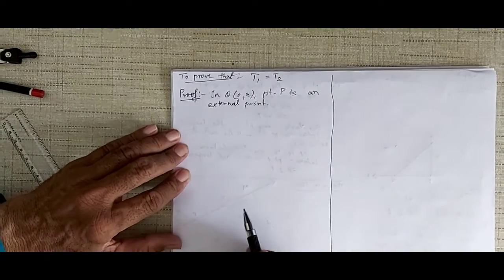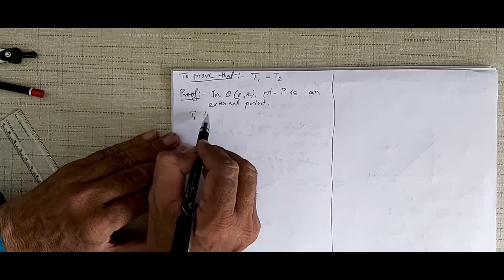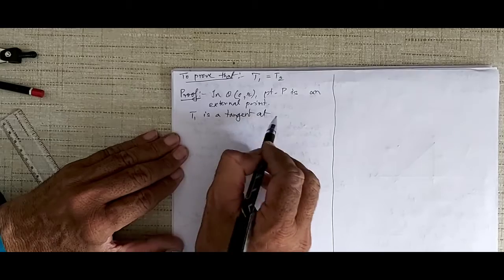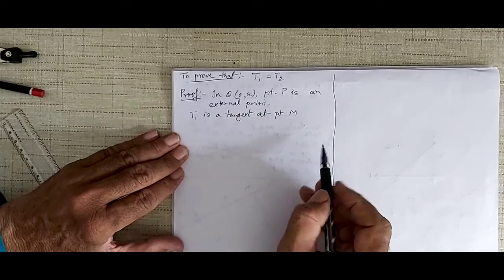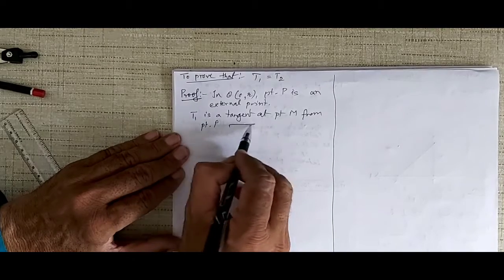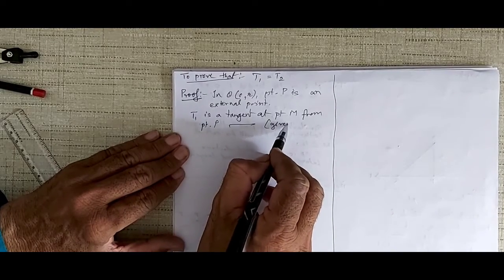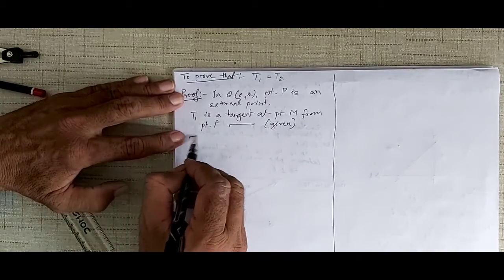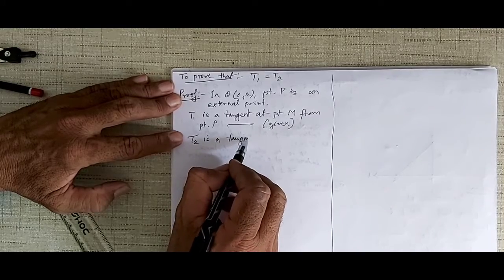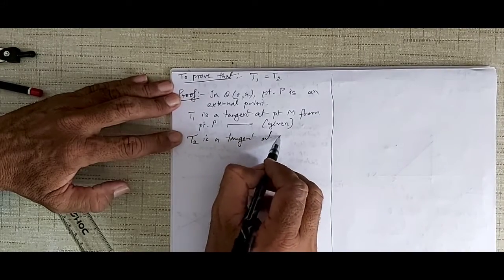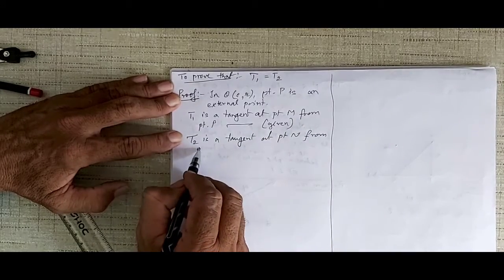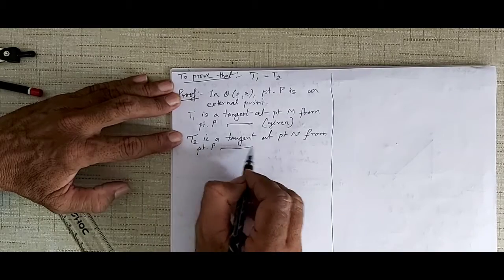Now T1 is a tangent at point M from point P. This is given. Similarly, T2 is a tangent at point N from point P, which is in the exterior of the circle. This is also given.